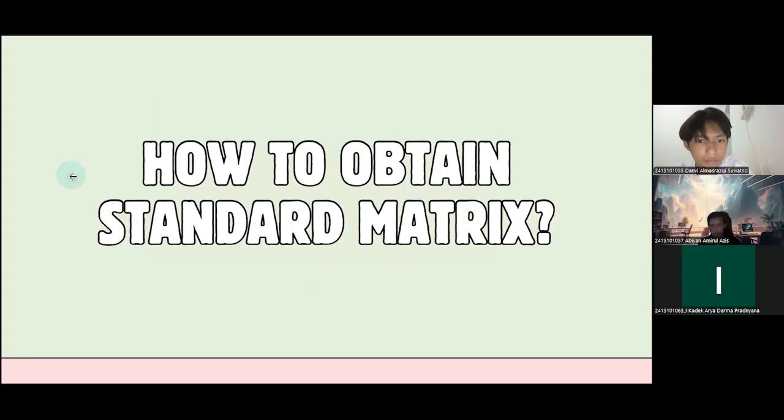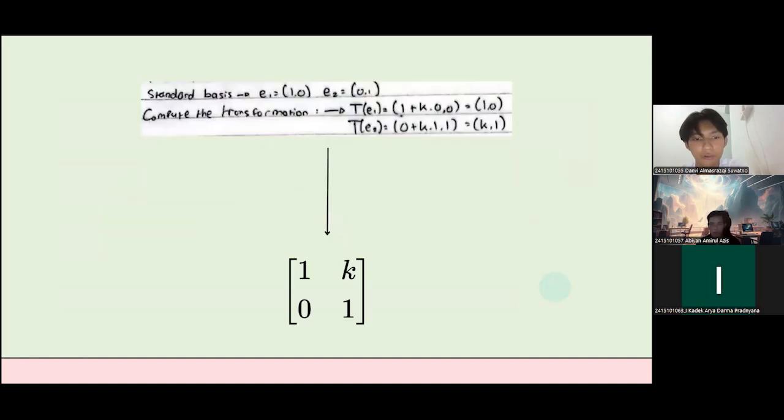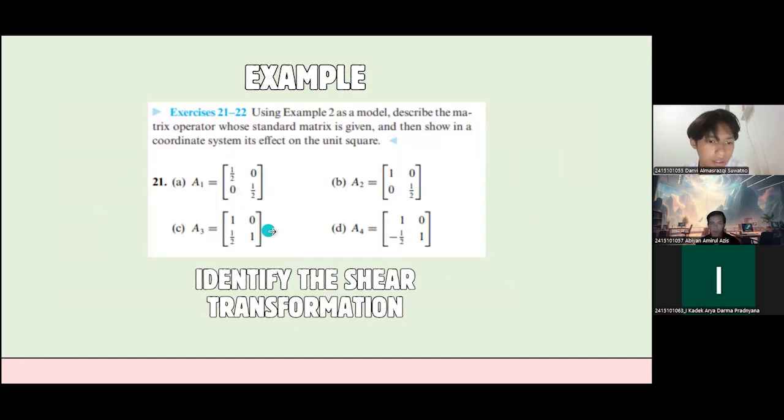Let's see again. This is the vertical shear, which means shear in the y direction by a factor of k in R2. And A3 matches that with factor k equals 1/2.